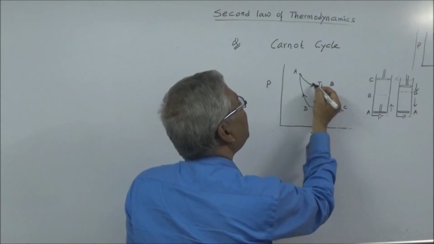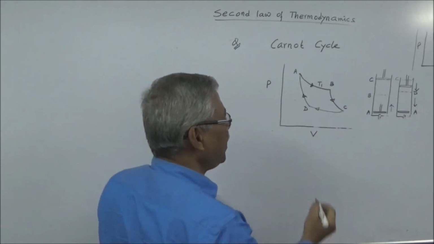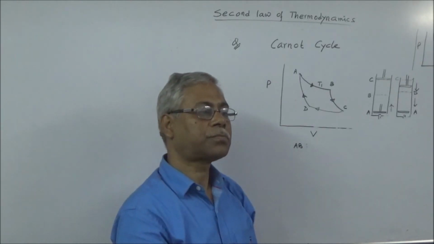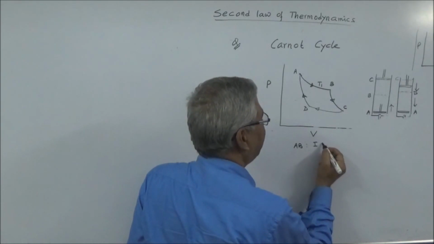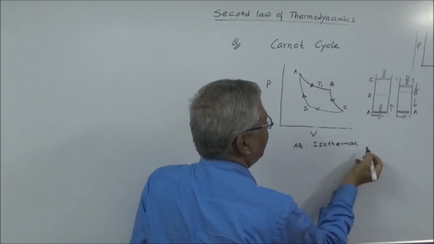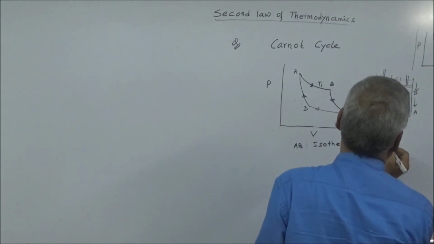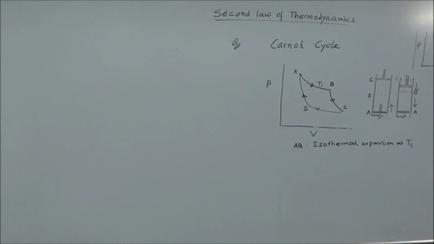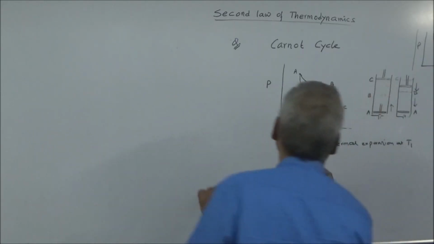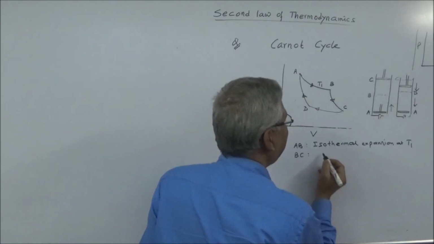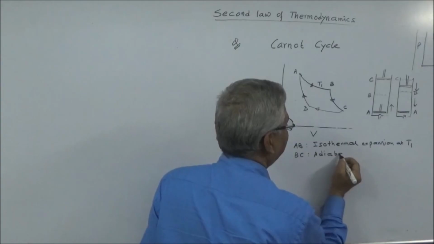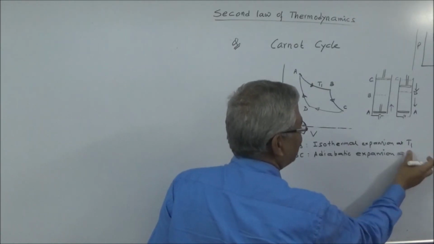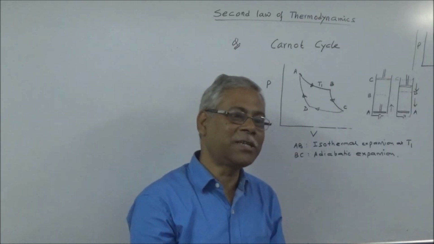Adiabatic. So let me write, then I will answer your question. So AB, right here, below this write AB: isothermal expansion at T1. Then write BC: adiabatic expansion.